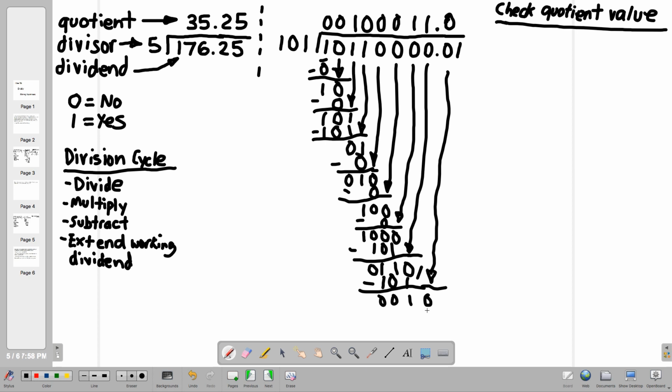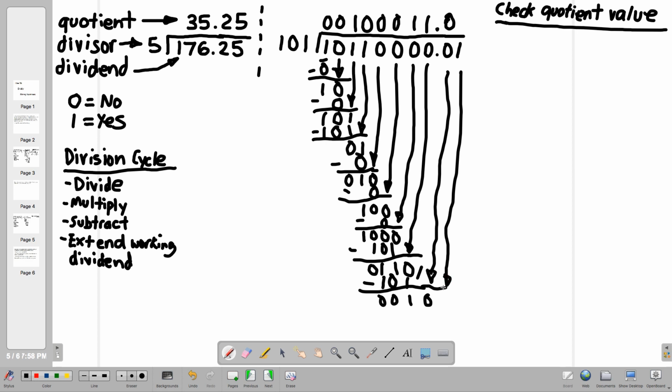So we're back to start the cycle over. For the divide part, we ask the question: does 5 go into 2? The answer is 0. That's what we have here. Sorry, I got a little distracted here. We answered that question previously. So we got 1 0, 1 0. The next step is just to move forward and bring down the 1 for the final dividend extension.